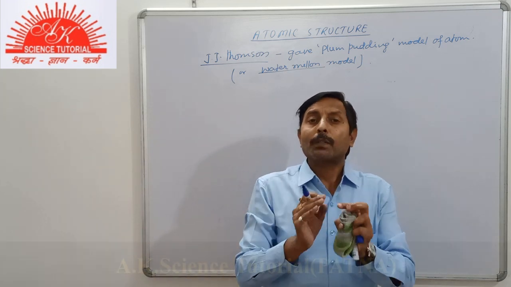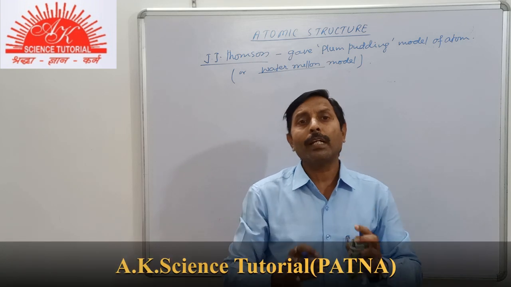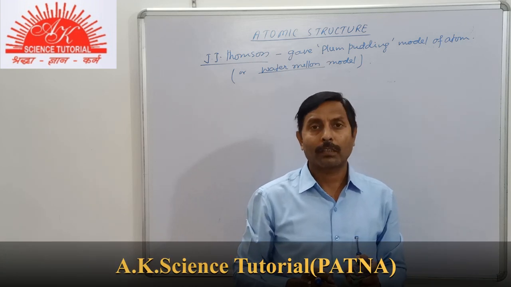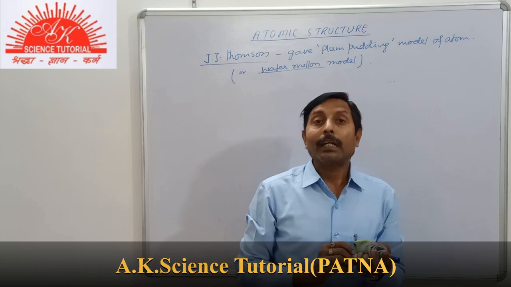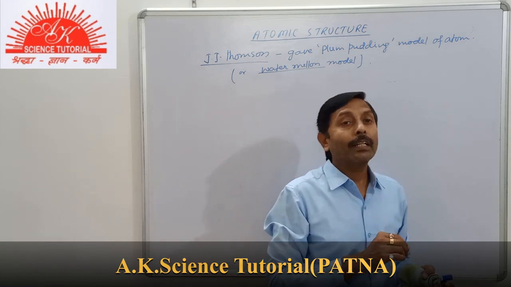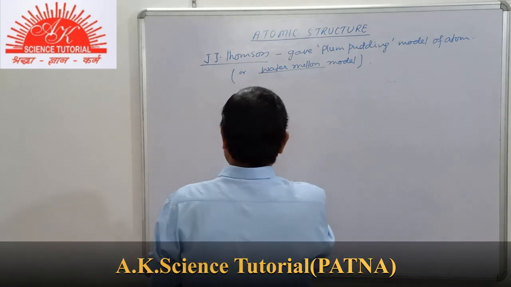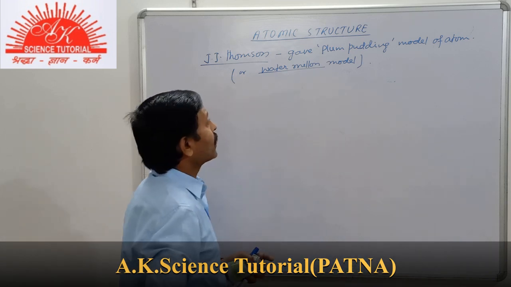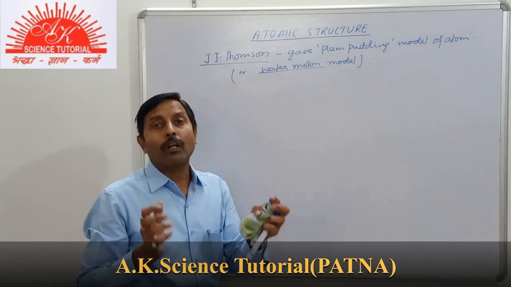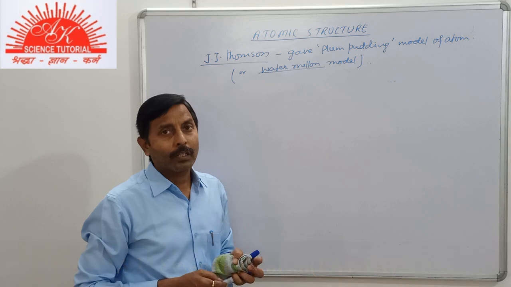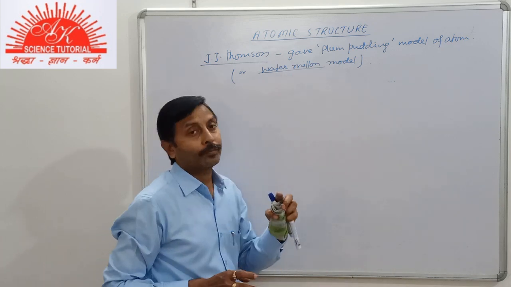form of a sphere of uniformly distributed positive charge, in which the electrons, that is the negatively charged particles, are distributed or suspended in that sphere of positive charge. Come to this part again.